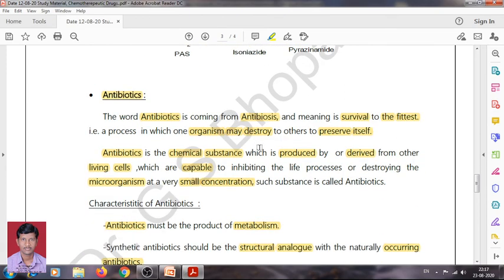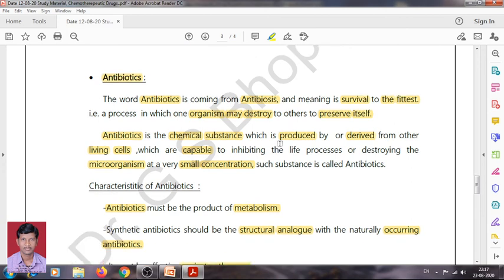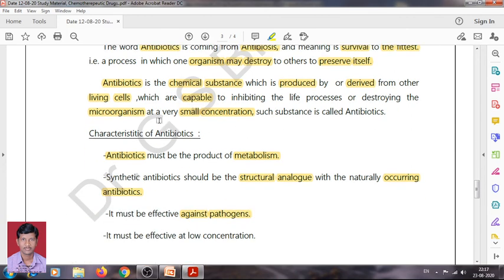Then next we have learned about the antibiotic. Antibiotic is nothing but survival of the fittest. It means one organism may destroy others to preserve itself. Now, these antibiotics are effective at a very small concentration, which destroys the microorganism. It is called an antibiotic.